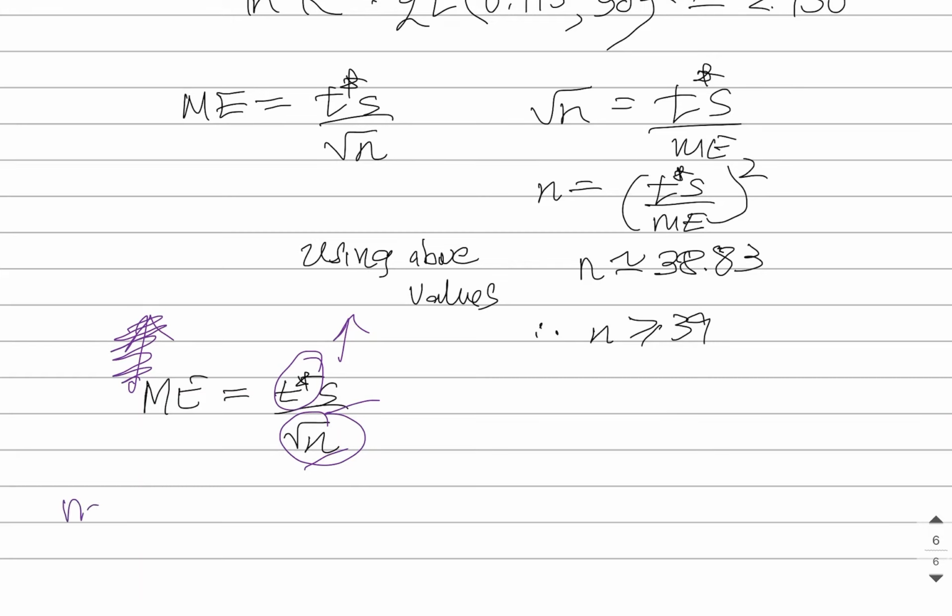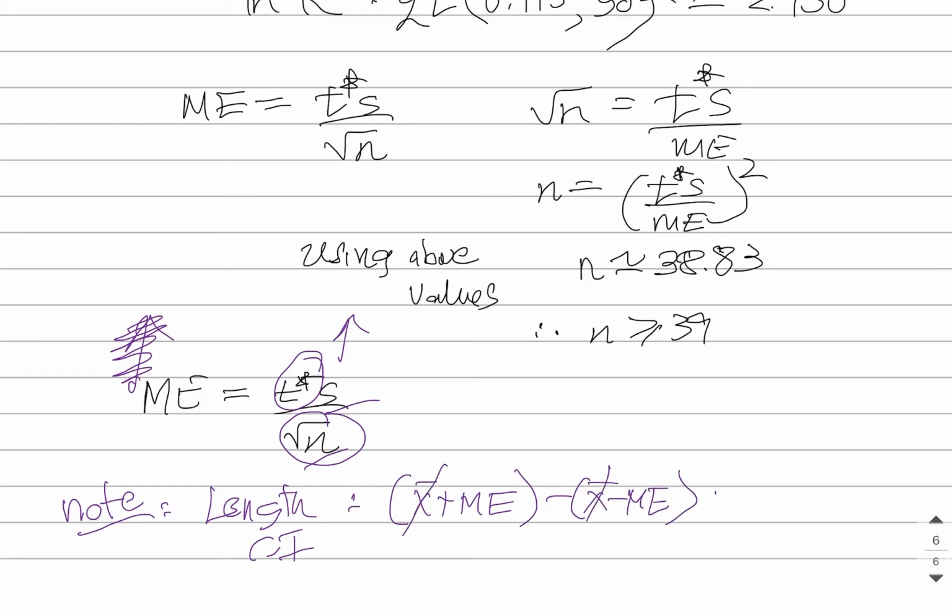There's one little note that I want to make. The length of a confidence interval is simply the upper limit, so that's x-bar plus the margin of error, minus the lower limit, x-bar minus the margin of error. This is going to be twice the margin of error.